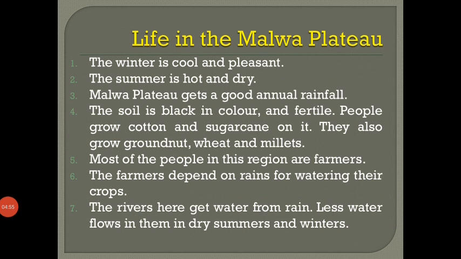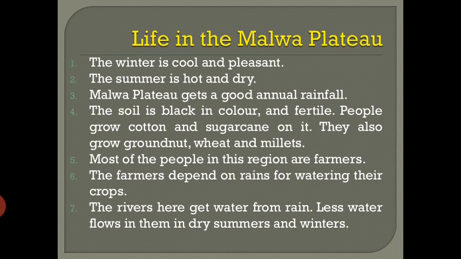Next, we can see here life in the Malwa Plateau. First, the winter is cool and pleasant, and the summer is hot and dry. Malwa Plateau gets a good annual rainfall, and the soil is black in color and fertile.